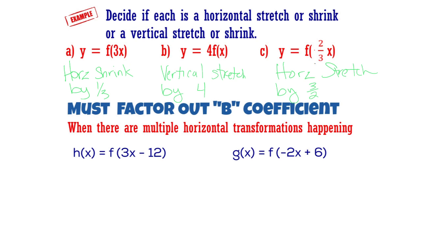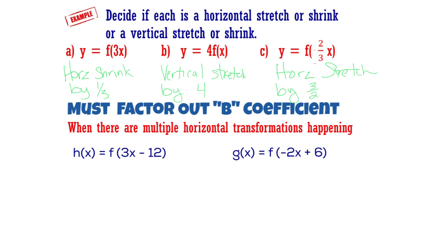All right, so now here's kind of a quirky thing that you may or may not remember from Algebra 2. If you have multiple things going on inside of those parentheses, so up here, I just had the one thing, just the 3, I wasn't adding or subtracting. There was no negative to worry about.